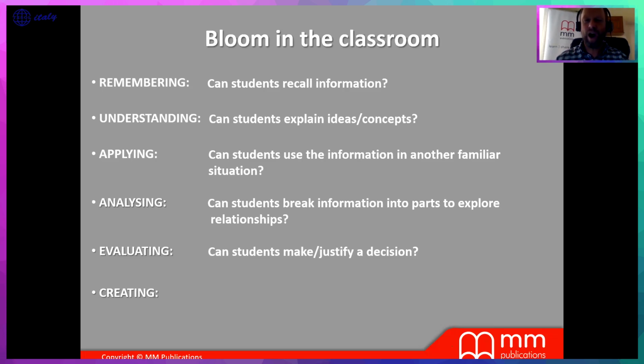So this requires the students to make use of the information and be able to have an opinion on what it is that they probably would have done in this issue.